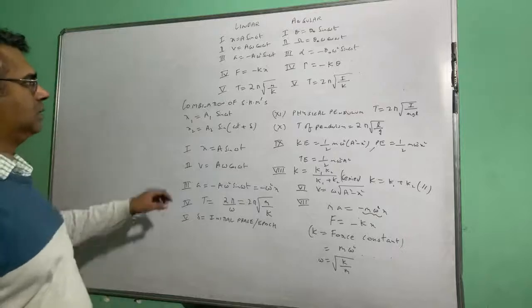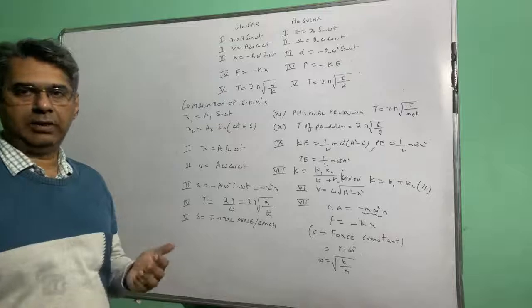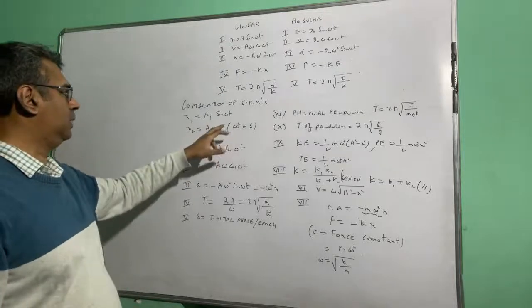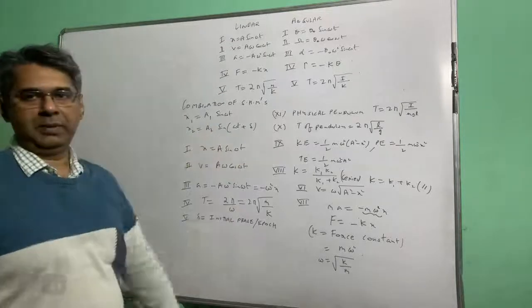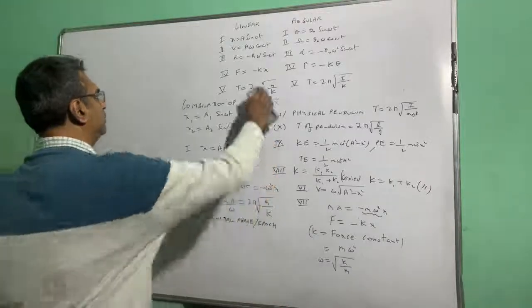suppose there is a body, simultaneously it is undergoing two simple harmonic motions. x1 is A1 sin omega t, x2 is A2 sin(omega t plus delta). Simultaneously it is having both the simple harmonic motions, right?